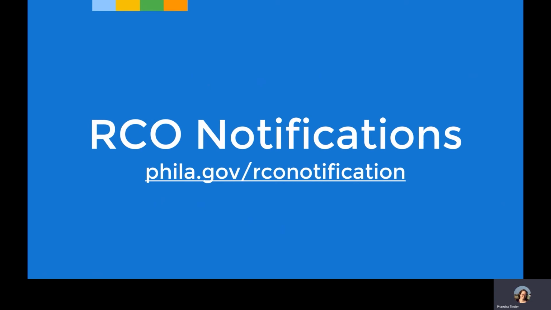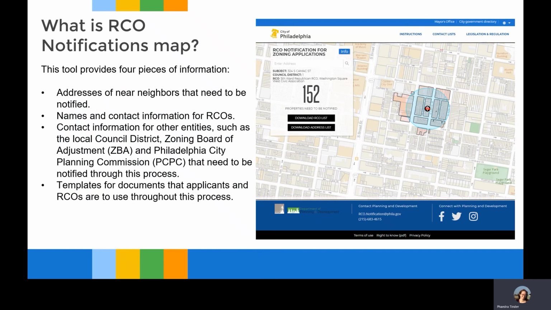It is a website that is created and maintained by the planning department, but it is a very useful tool, and it serves this one specific purpose, and it provides you a lot of information about how to go about dealing with this very specific process.